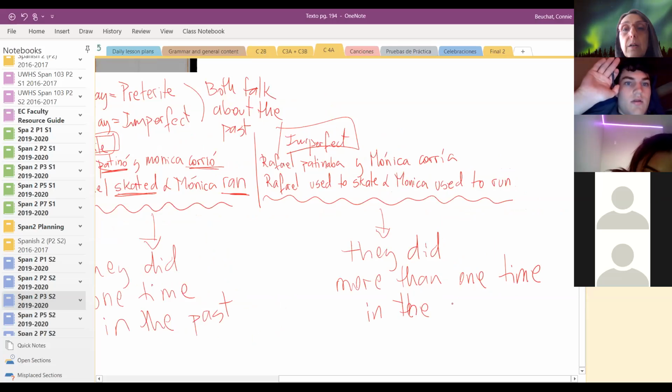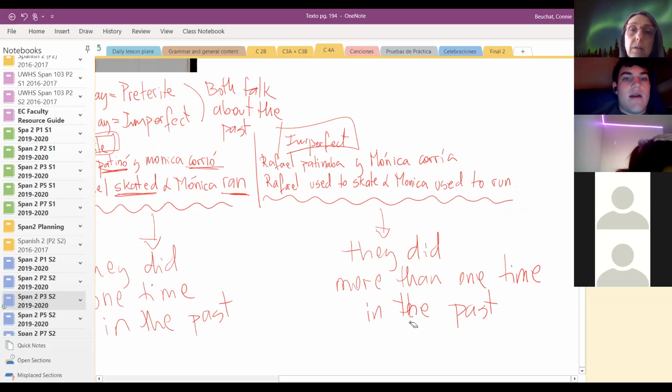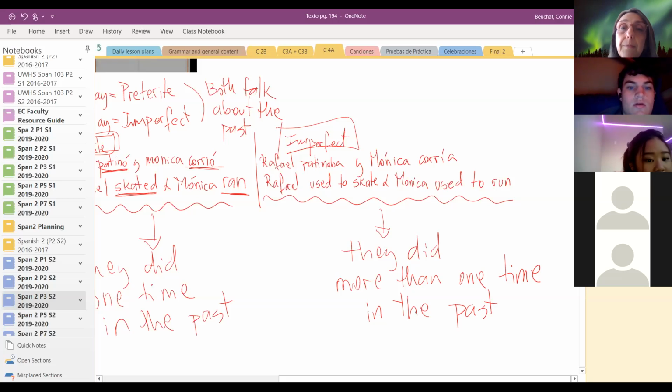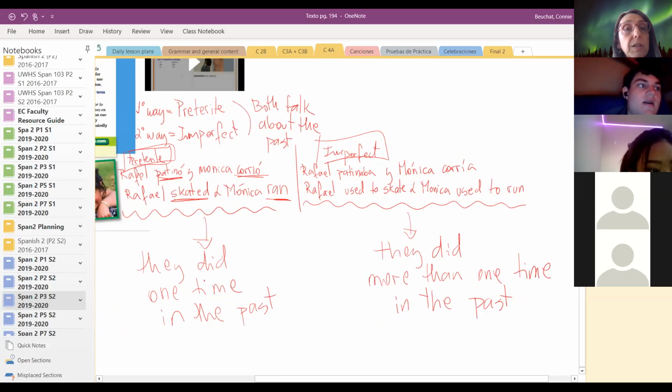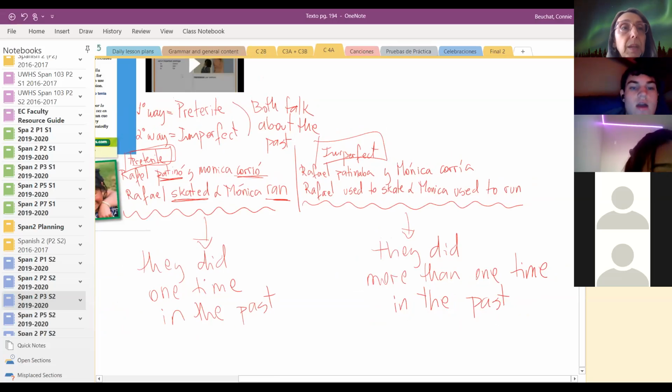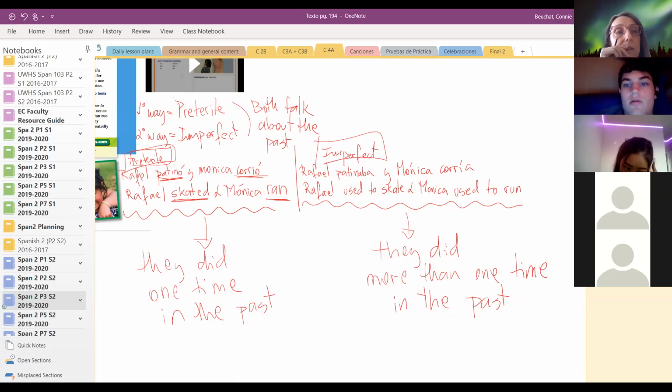Question so far. Also, imperfect implies that they don't really do it anymore, right? Imperfect doesn't really imply that. It depends on the situation. Is it just the best way we could translate it to English, like used to? Yes, that's the best way. There are other translations also, but for now, we're going to stay with used to do something.